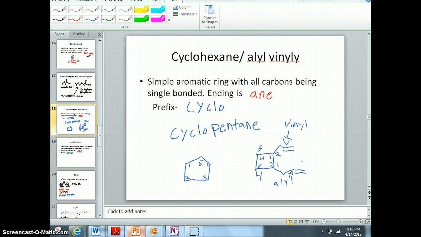And so if we were going to write this out, I'll just write the one that's in red here, 1, 2.